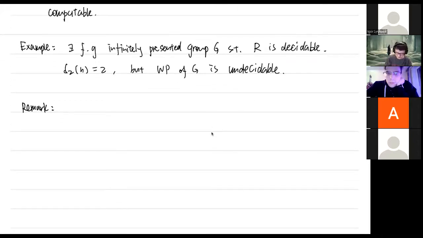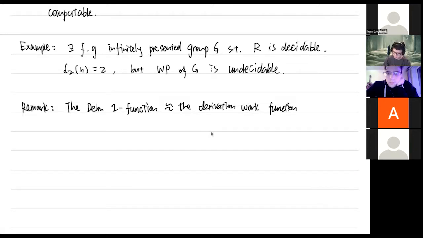From now on, we just talk about the Dehn one function. It is equivalent to the derivation work function introduced by Bridson.